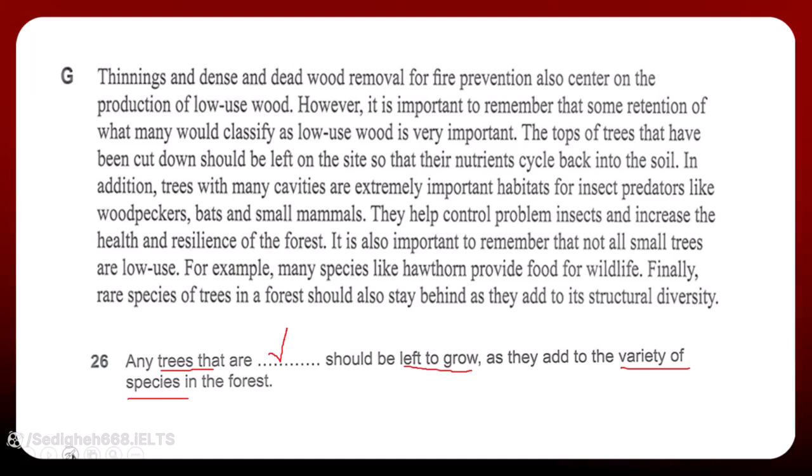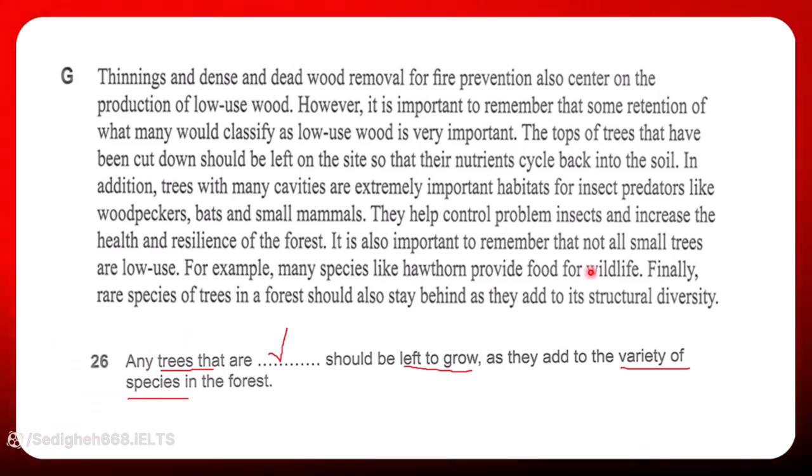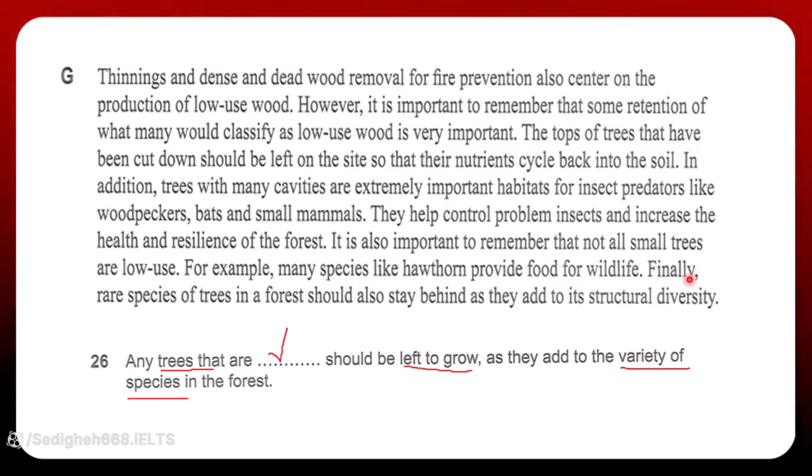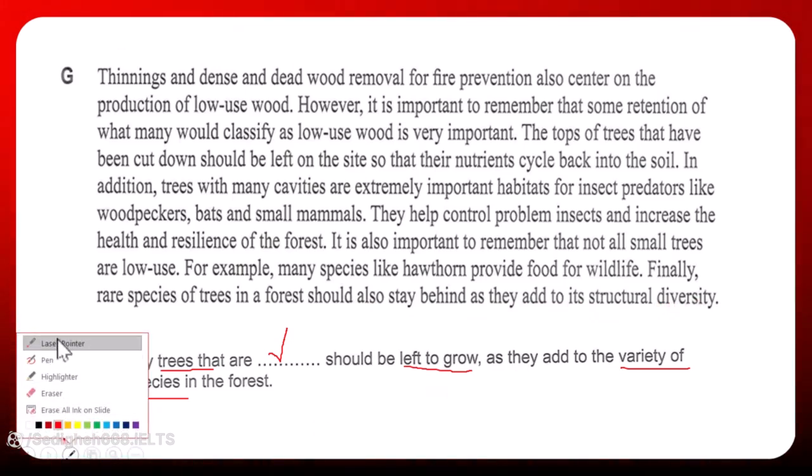Answering this question is very, very easy because there is just one sentence left. So we say, finally, rare species of trees in a forest should also stay behind as they add to its structural diversity. Here, what are the keywords?